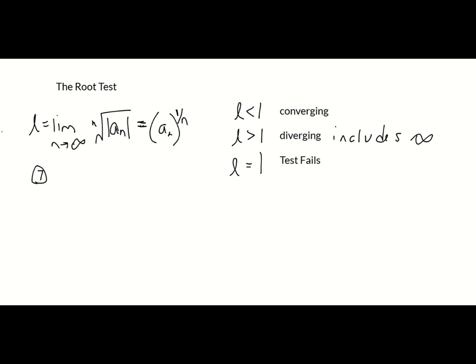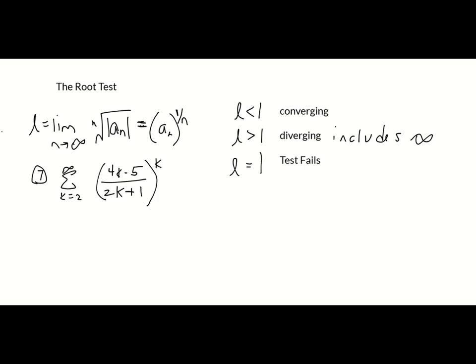Example 7, we're going to do the sum from k equals 2 to infinity of the quantity (4k minus 5) over (2k plus 1), all raised to the k power.